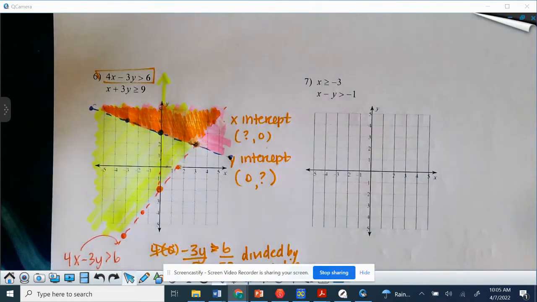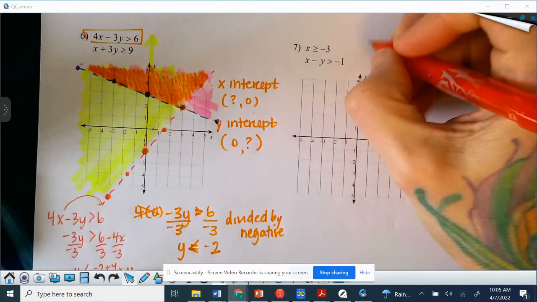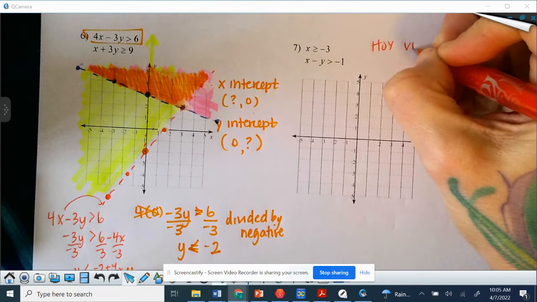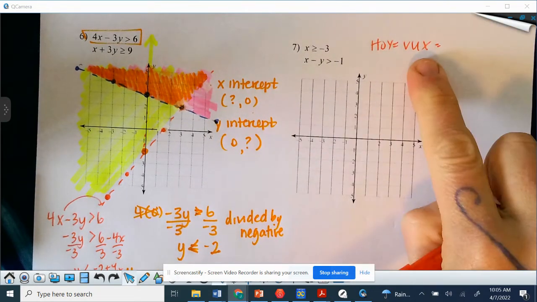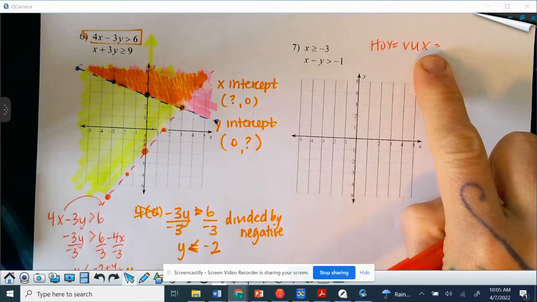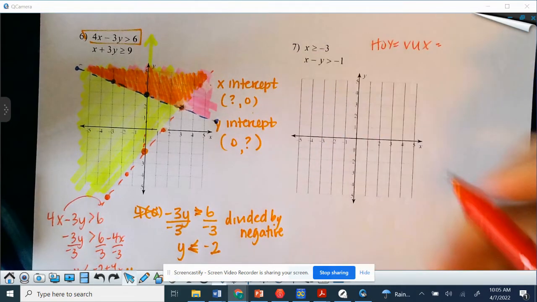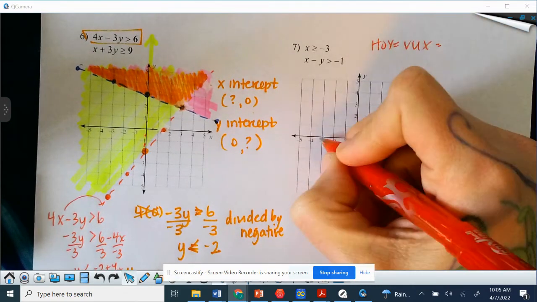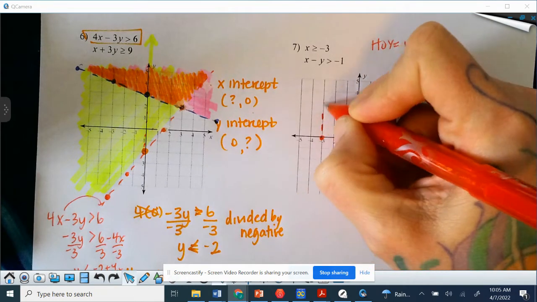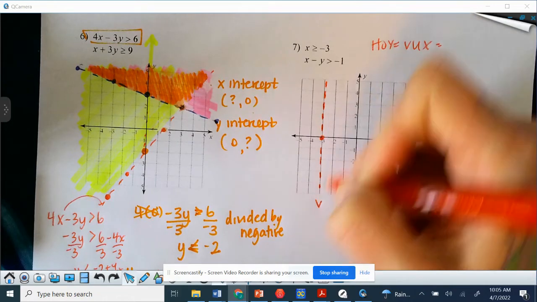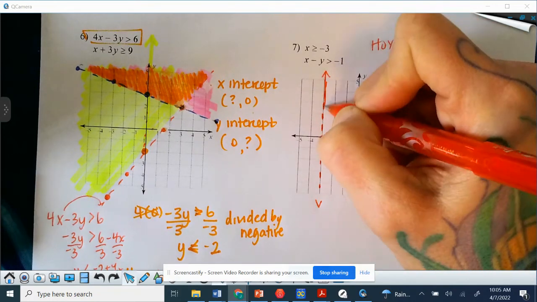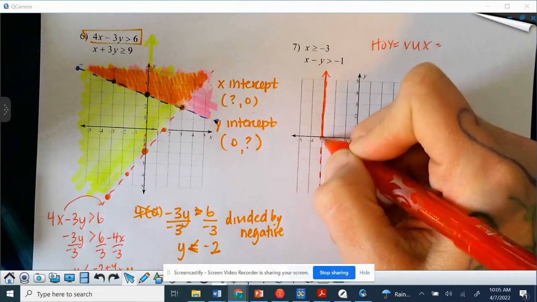So for x is greater than or equal to negative 3, remember that HOY BUCKS. So horizontal line is a y equals, vertical line is an x equals. So x is greater than or equal to negative 3. So we know when x is negative 3, which is right here, it has to be this way. It says greater than or equal to, so we can go ahead and connect and make that a solid line.